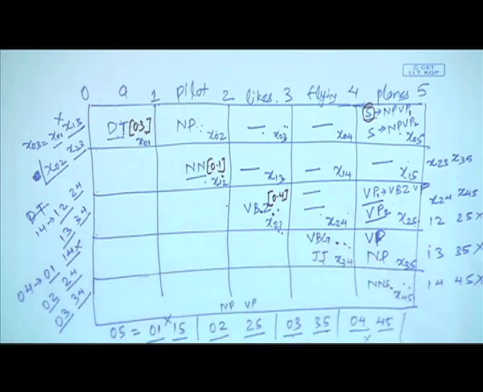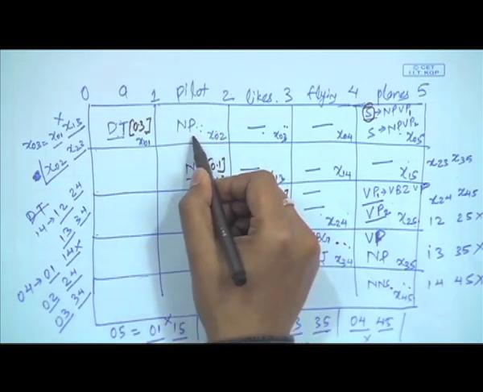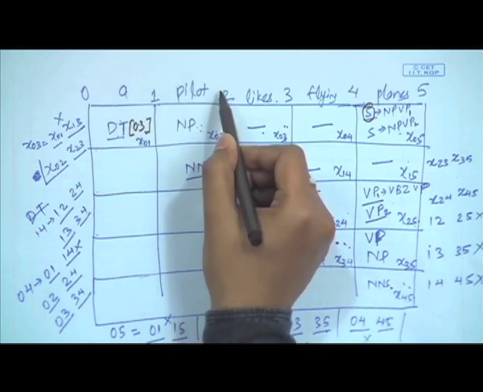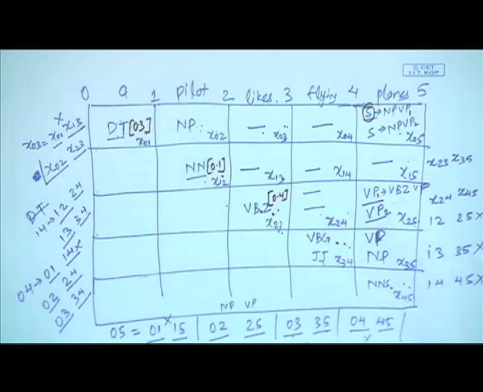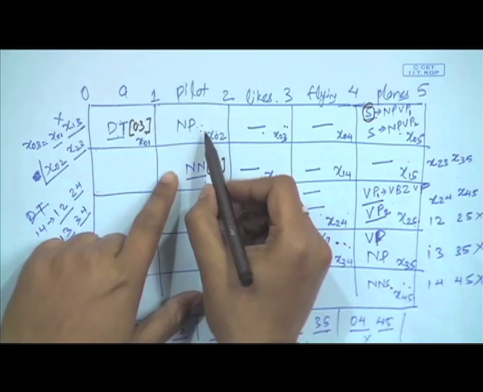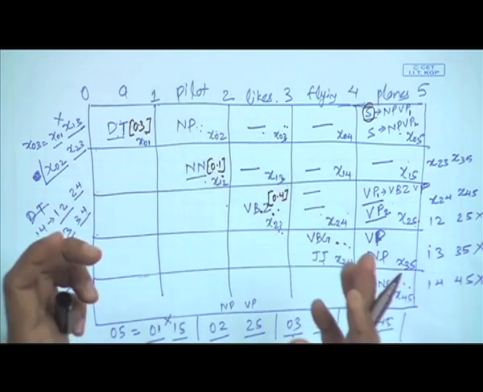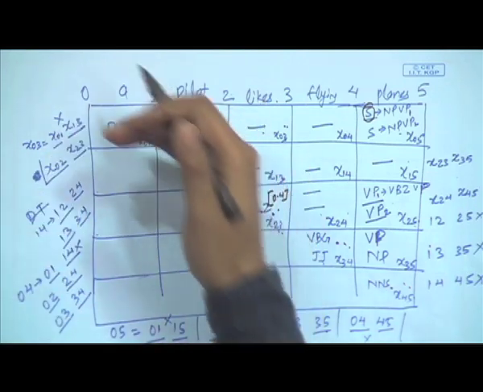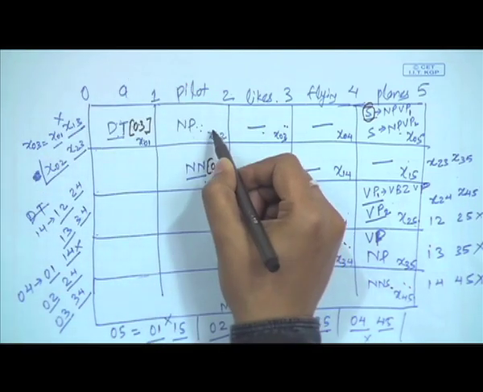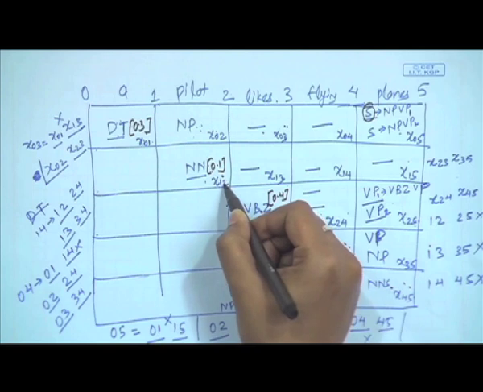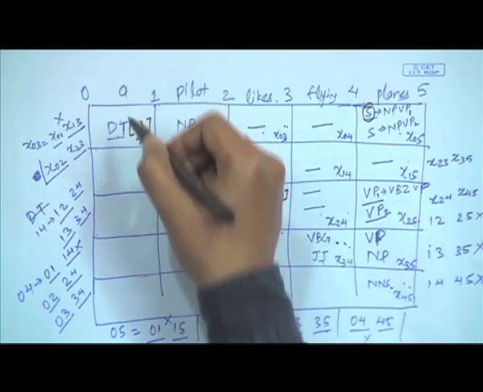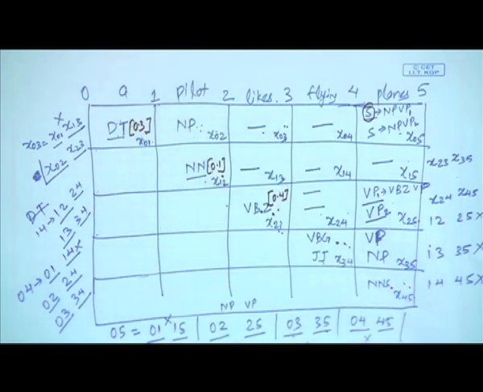Now what I wanted to show is how I fill the next entry, that is 0,2. What is the probability with which the non-terminal NP derives the sequence A pilot? If you remember, a single non-terminal can derive two terminals only via two non-terminals. So it has to first derive x01, x12, then each of these will individually derive A and pilot.